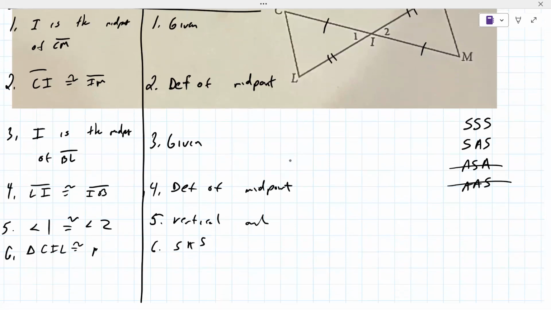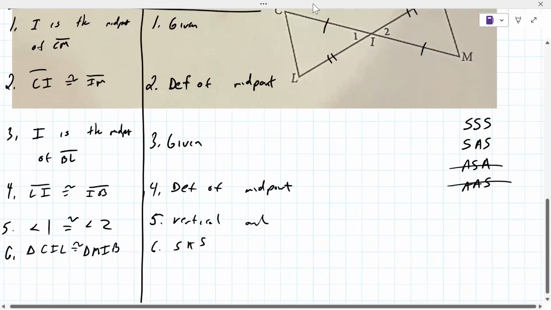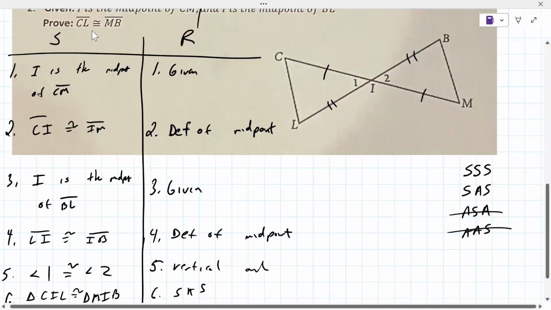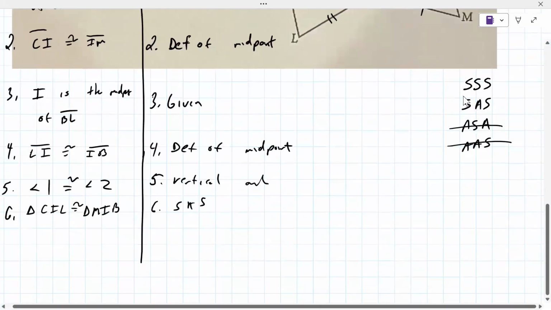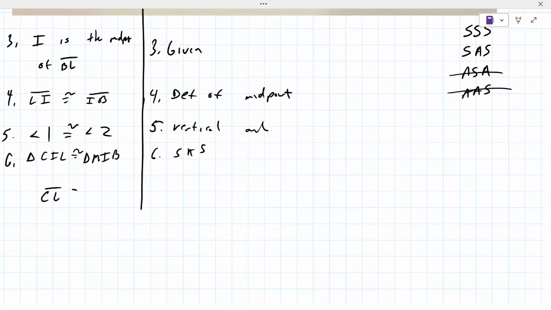Yes. Very good. Once you've proven the triangles are congruent, you can prove anything else you want congruent. In this case, we want to show that CL is congruent to MB. That's the CPCTC. Got it.